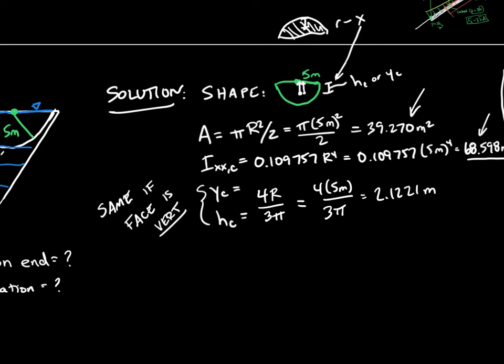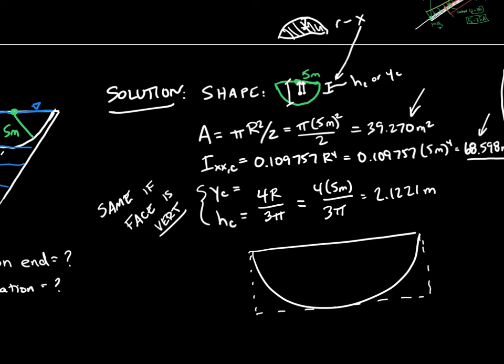It makes a lot of sense because this is 5 meters, right? And the centroid, if we think about a semicircle: if it were a rectangle, it would be halfway down, so it would be right here. If this were a 5 meter deep by 10 meter rectangle, then it would be right here. Now in this case, however, it's not a rectangle. Where is the average depth?